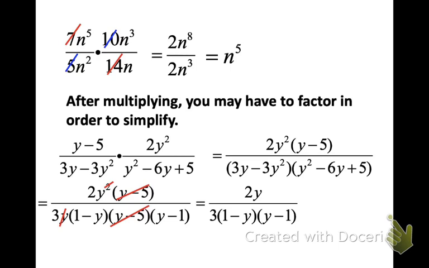Then we look at the 1 minus y and the y minus 1. And you could leave it like this, but it's technically not simplified. And we say, can I get that 1 minus y to look like the y minus 1? So you're thinking back to the monkey that we had, I think that was just in the last lesson, where we factored out a negative.